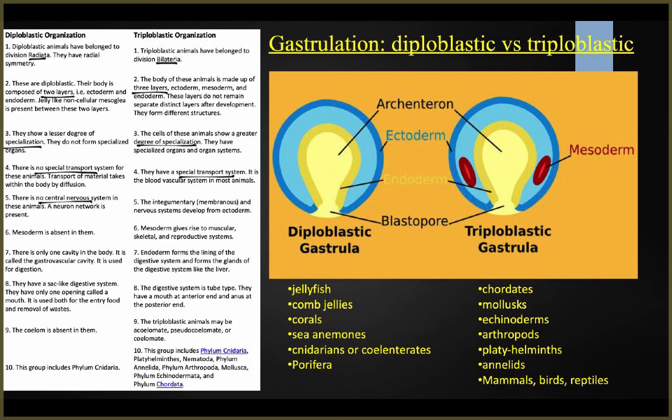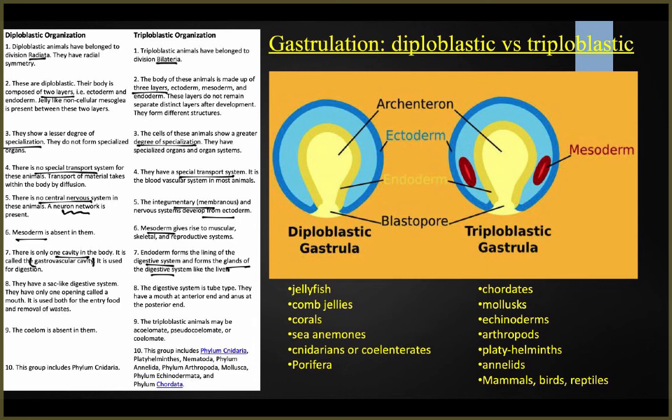No central nervous system; they can have neuron networks. Here they're going to have the integumentary and a hardy nervous system. No mesoderm. Mesoderm. One cavity, and it's called the gastrovascular cavity. And this one, you have digestive system lining, you have glands for the digestive system.